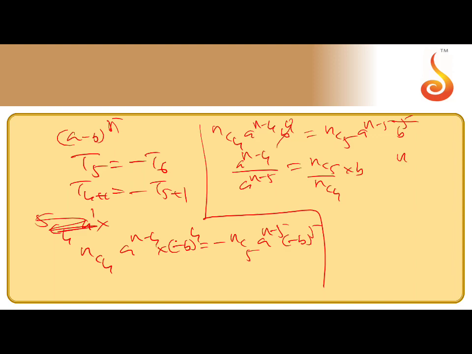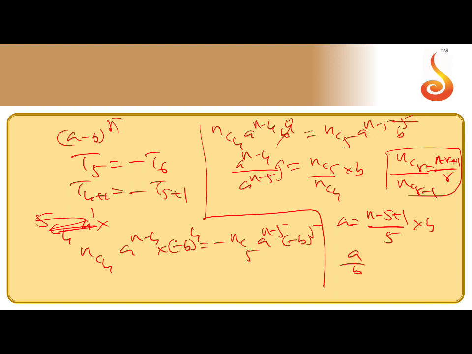So we have one more formula: nCr/nC(r-1) = (n - r + 1)/r. You can apply the formula. Here, taking this as numerator, a will come here, and the right side is (n - 5 + 1)/5, because r is 5, times b.